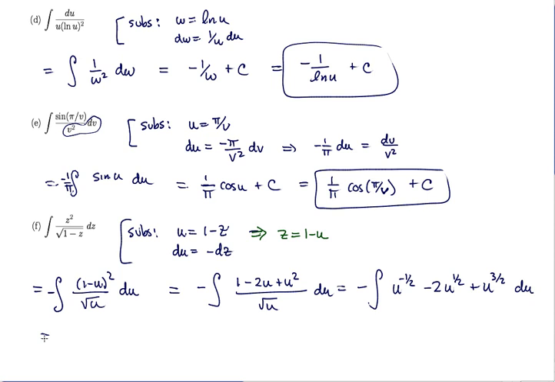And now we can compute each of these antiderivatives just by using the power rule. So u to the negative 1/2, that's u to the 1/2 times 2, that's the antiderivative of that. The antiderivative of u to the 1/2, well, there's a u to the 3/2, which is what the exponent should be when you compute the antiderivative. And then what do we have?